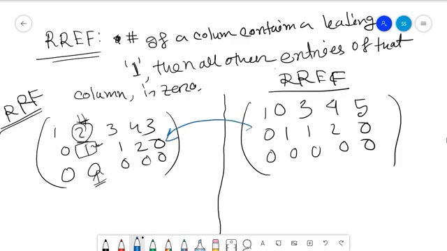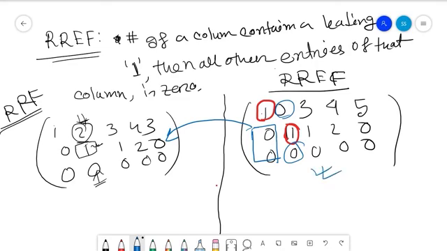The extra feature is that the leading ones are the only element in their column, that is the only non-zero element in their column. So as you can see, the elements beneath 1 in the first column are 0, and the elements upstairs and downstairs are both 0. So this is called a reduced row echelon form.